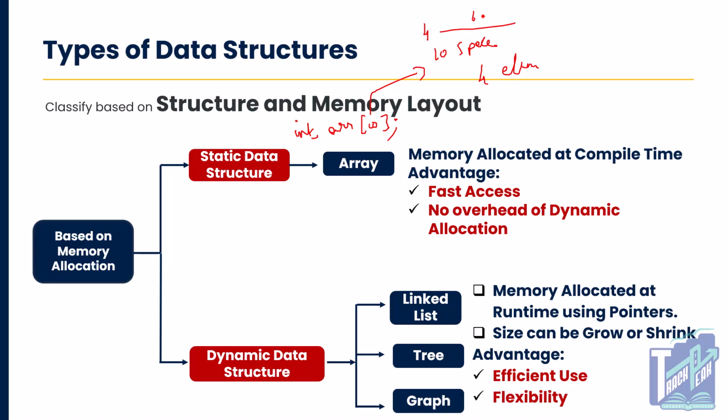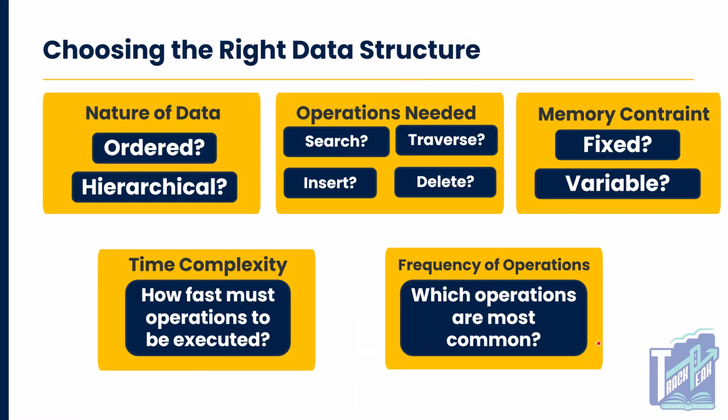So this is a main disadvantage in array. But in a linked list, tree and graph, there is no problem with that, because the memory is going to be allocated during the runtime only. So based upon our need, the memory can grow or shrink. This is the main advantage.